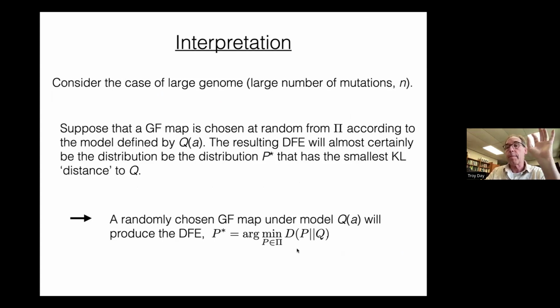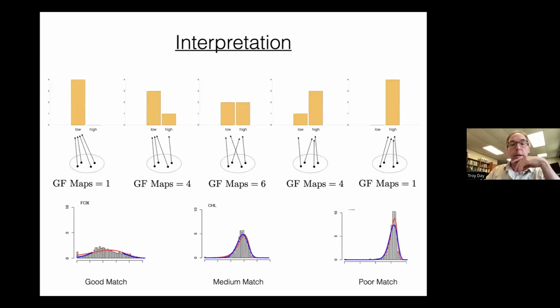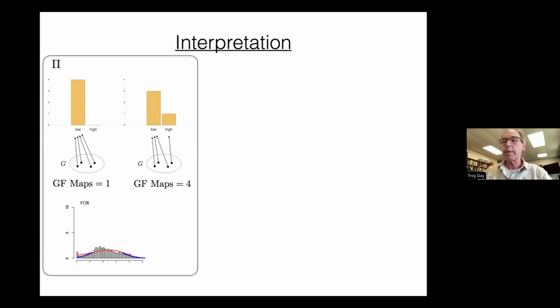And that's maybe a little bit surprising. As n gets big, I'm choosing from this massive space of possible DFE maps, and I choose randomly, yet I get a very particular one coming out the other end. It's sort of like a central limit theorem result. Geometrically, it looks like this: I have this space of all possible distributions of DFEs. I focus in on only a subset of those, and now I'm going to randomly choose from that subset.